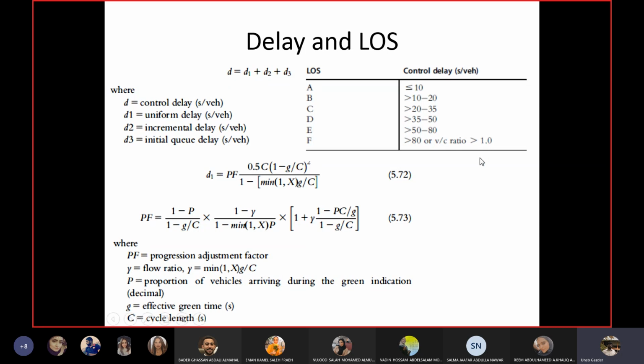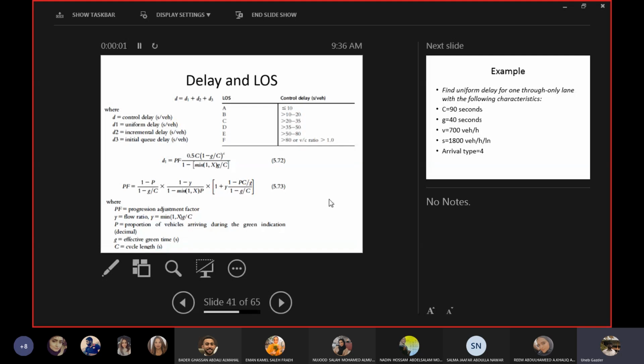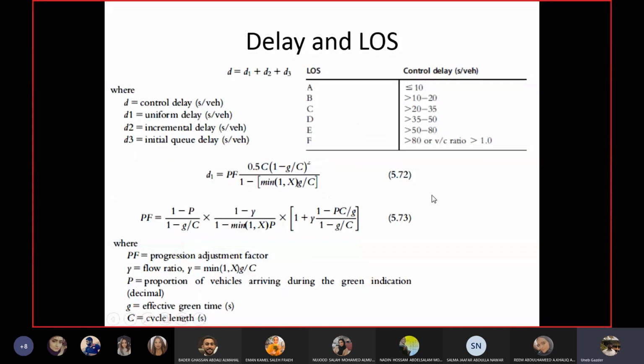So if in the last step you calculate the V by C ratio and it is more than 1, you stop there and say that the level of service is F. If the V by C ratio or X value is more than 1, you don't have to do this last step. You don't have to find out the delay for the level of service, because a V by C ratio more than 1 automatically means level of service is F. Otherwise, find out the delay and find out the level of service.